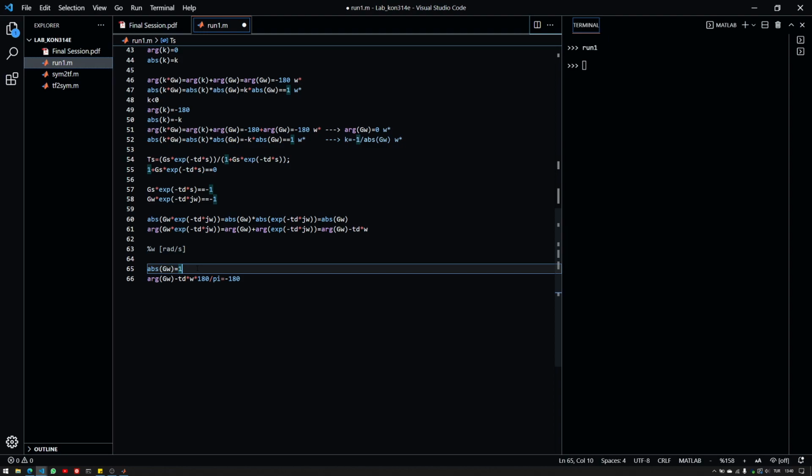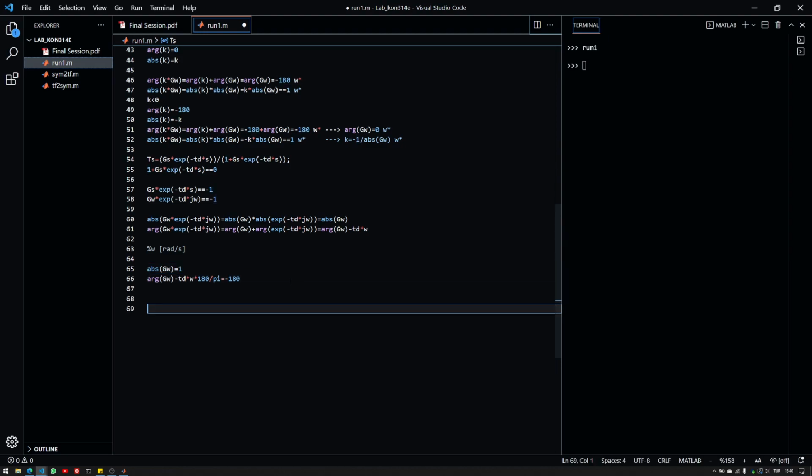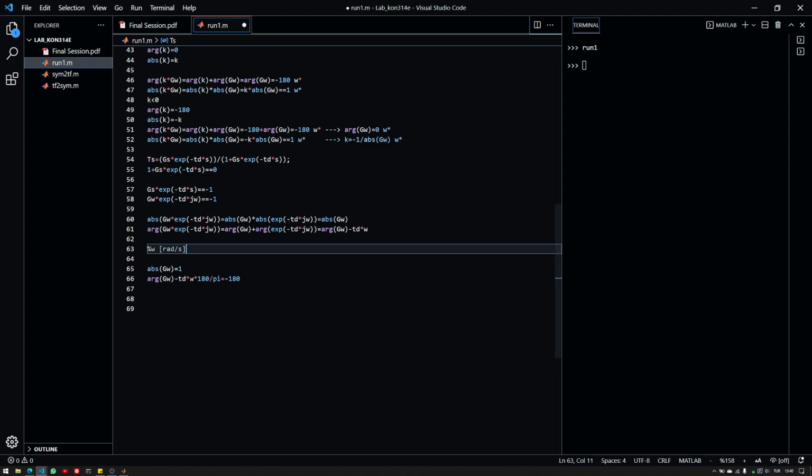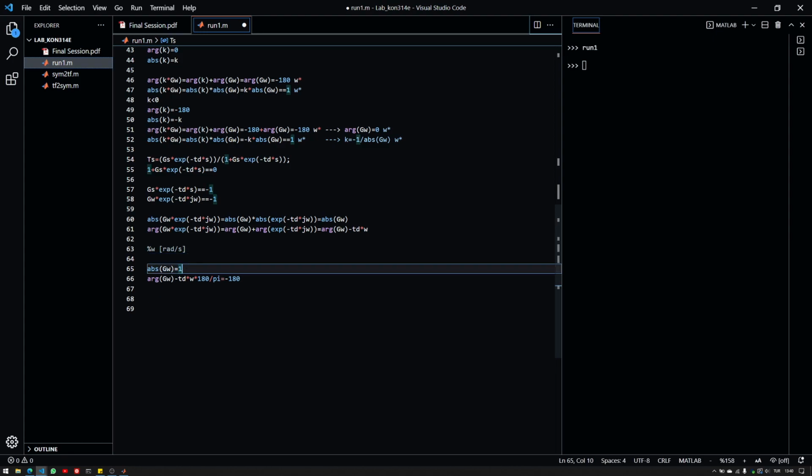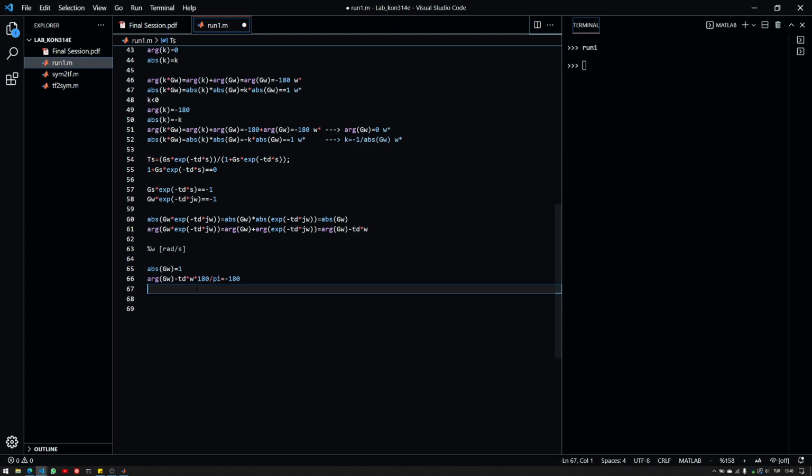And the opposite happens for the delay, where the gain is not changed this time, but we have a negative angle contribution, which is of course not a good thing, because if the amount of delay is increasing, then you will get minus 180 degrees faster.